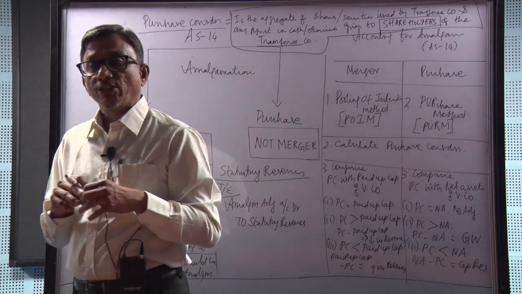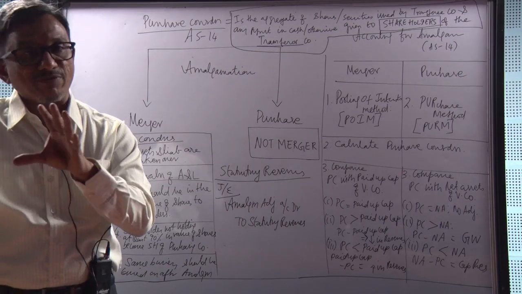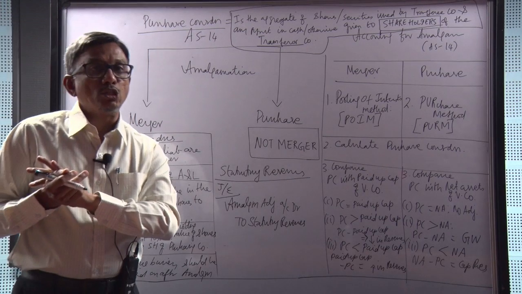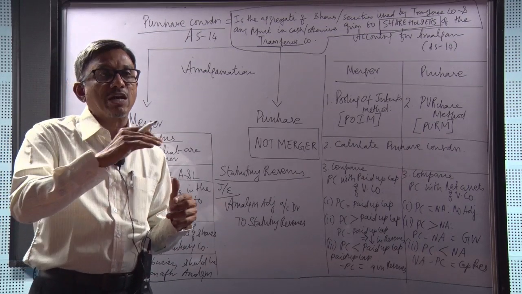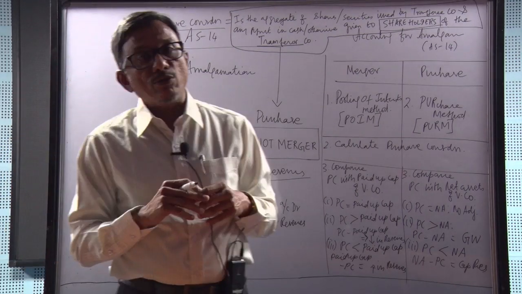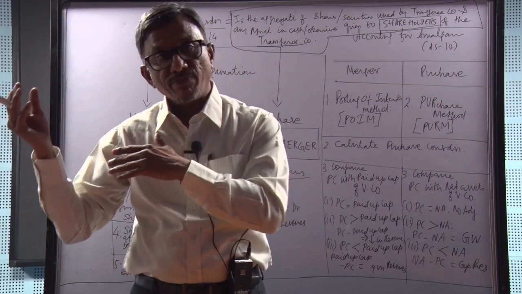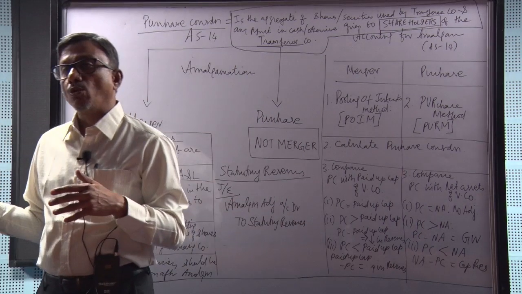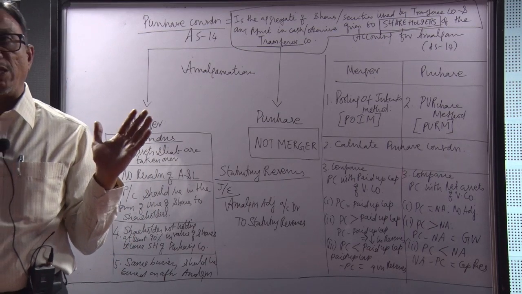Preference shareholders get 1 share for every 2 shares held by them in the other company, that is part of consideration. So whatever is being given to the shareholders, namely equity shareholders as well as preference shareholders, only that will constitute purchase consideration. Anything that is given to others, creditors, outsiders, bankers, debenture holders, will not be regarded as part of the purchase consideration.